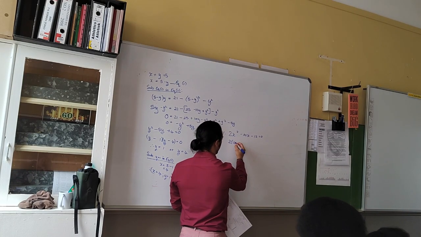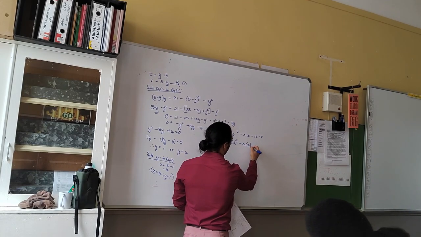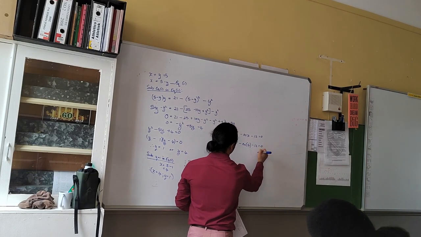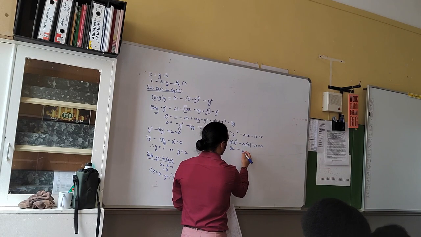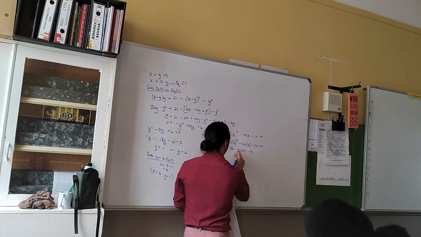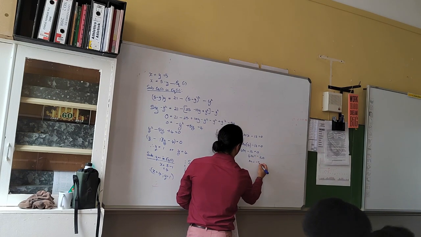So that's equal to 2 times negative 4 squared minus m times negative 4 minus 12 equals 0. So this becomes 32 plus 4m minus 12. This becomes 20. I take the 20 over. It becomes negative 20 equals 4m, divided by 4. So m is equal to negative 5.